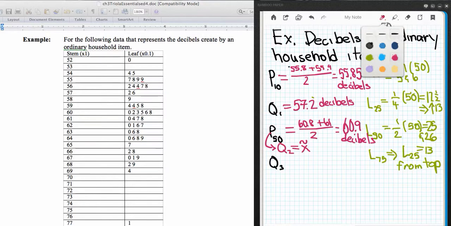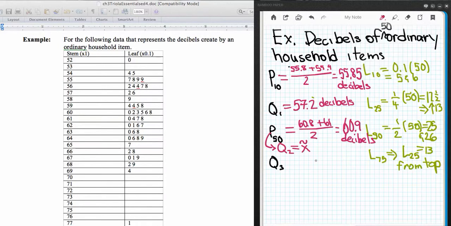So I'll go over to my data set and I'll count from the 13th from the top. Now this problem has a potential outlier way out here. There's a 77.1. So I don't want to forget to include that. So there's 1, 2, 3, 4, 5, 6, 7, 8, 9, 10, 11, 12, 13. And that would be 64.6.